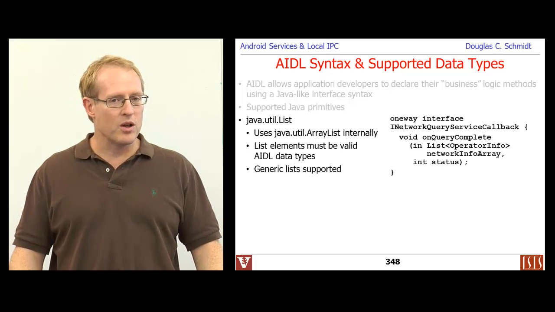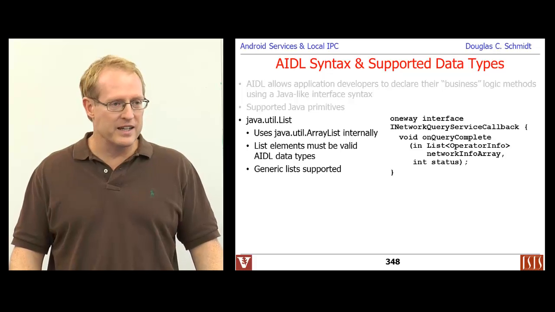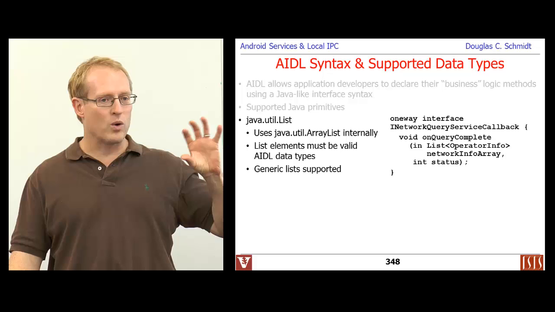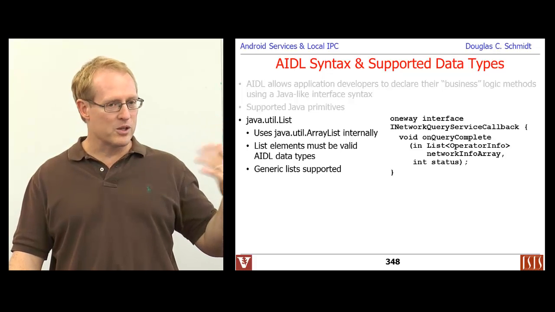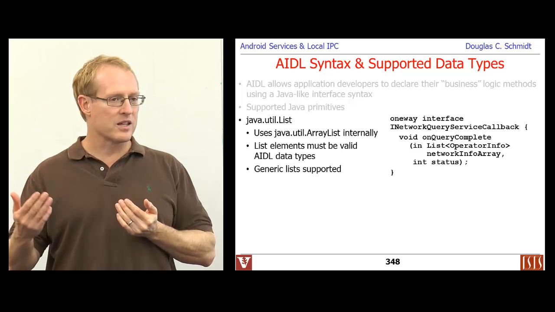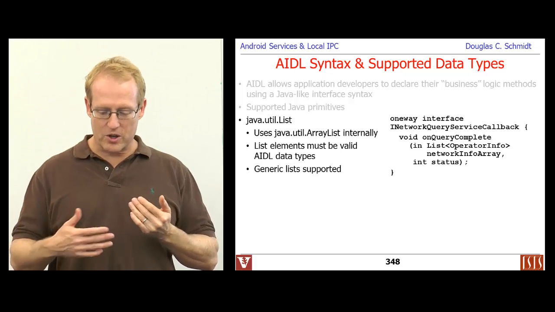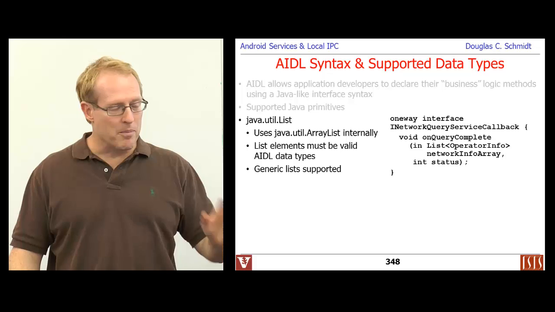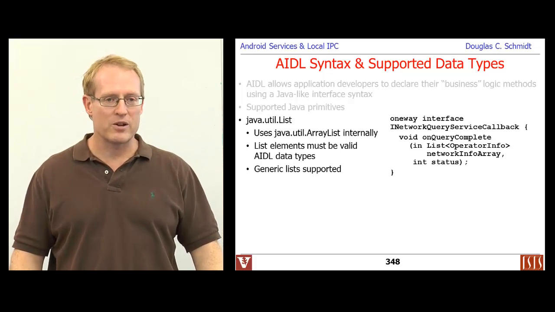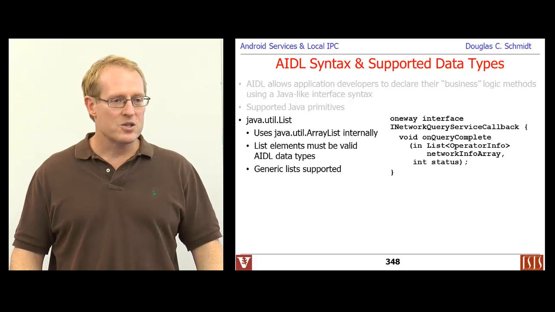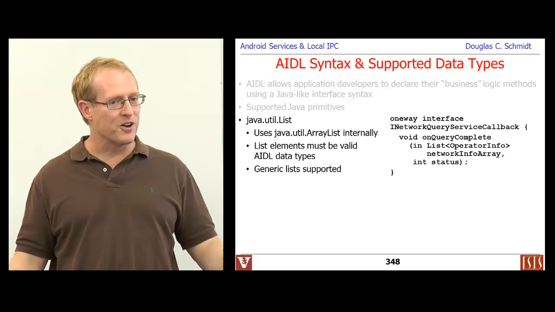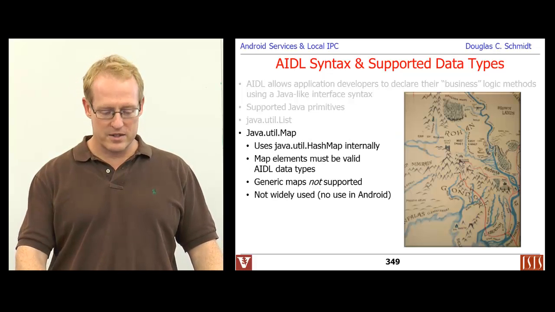Here's an example of an interface that is defined in parts of Android where you can go and look up what network interfaces are available, and you can do this query, and when the query is complete, you get back a list of things that tell you what operators are connected to the network. So there's an example where you're getting back a list of something, in this case a list of operator info. So that's how you can use those kinds of things.